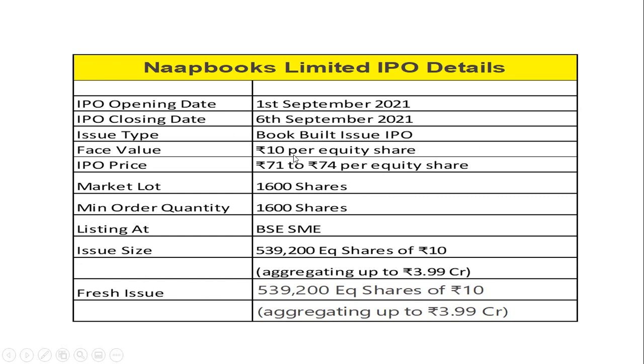The face value of the share is rupees 10 per equity share. So if shares are issued at the highest band, that is 74, the issue will be at a premium of 64, shares of rupees 10 issued at a premium of 64.